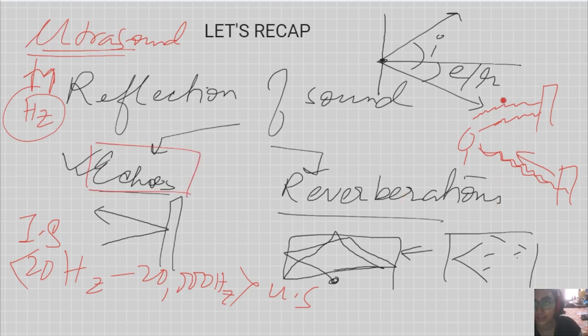Accordingly it understands where the obstacle lies, like how far the obstacle is, and that is why it can go without getting hit by them. It's a very interesting fact, and it can also be used as an example when they ask you what is the use of ultrasound or what is the use of echoes.